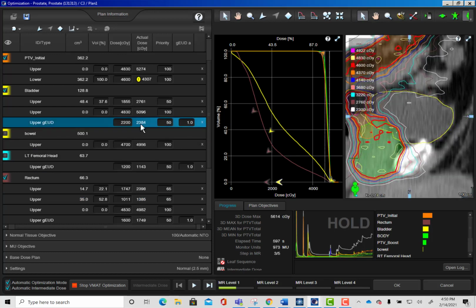This number is not dropping as fast, so this actual dose right here. So the bladder's probably getting close to as good as we can do.